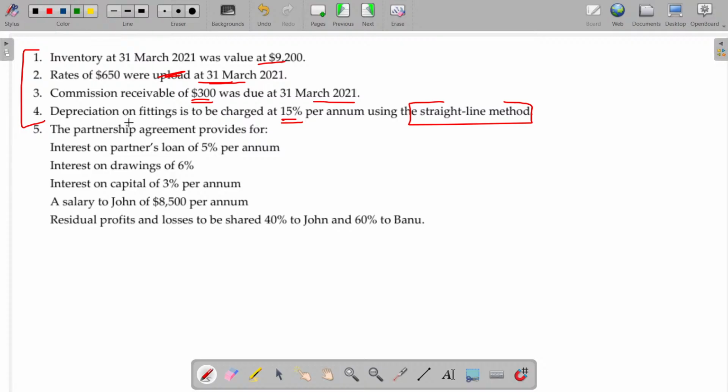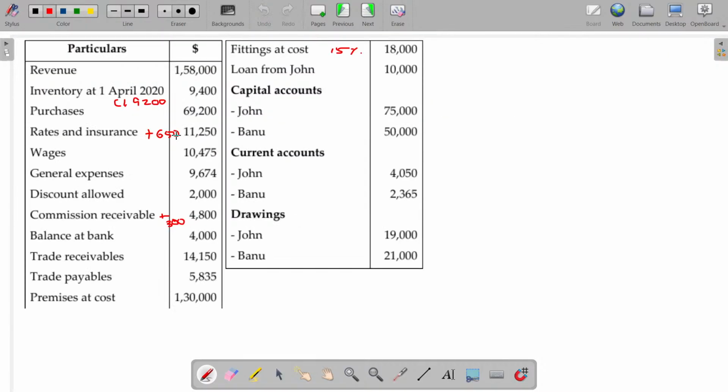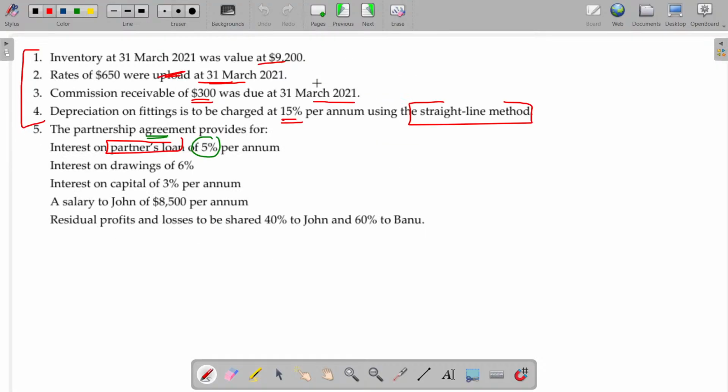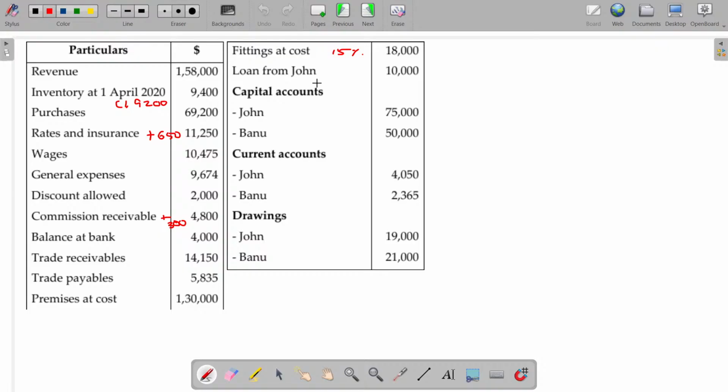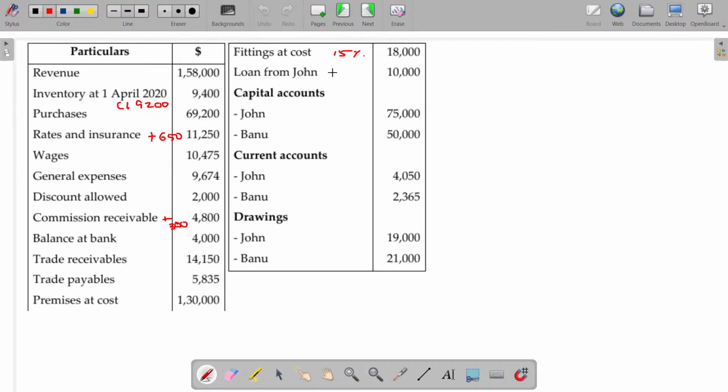Thereafter this will be for sharing, appropriation. Interest on partners' loan being 5%. Partners' loan is not an appropriation. It's only a charge. John, being one of the partners, has a loan that carries interest at the rate of 5%.